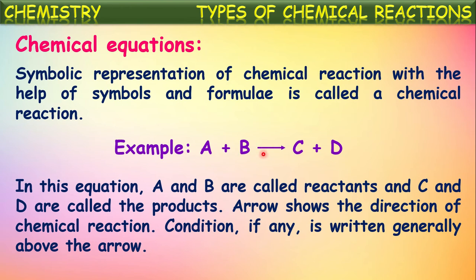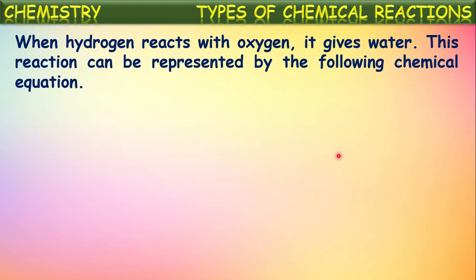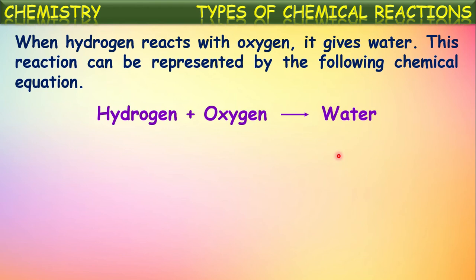A and B react to give, or to yield, products C and D. In that way it will be represented. For example, let us consider one reaction. When hydrogen reacts with oxygen, it gives water. This reaction can be represented using a chemical equation: hydrogen plus oxygen reacting with each other to give or yield water.